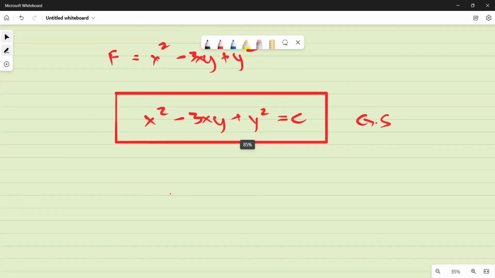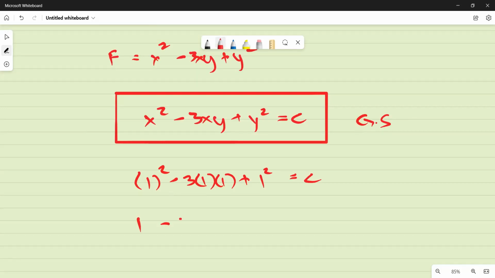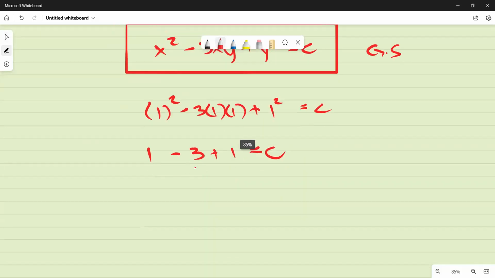So plug in lang natin. That is equal to 1 squared minus 3 times 1 times 1, plus 1 squared is equal to c. So that is 1 minus 3 plus 1 is equal to c. And simplifying this is equal to negative 1. Diba?